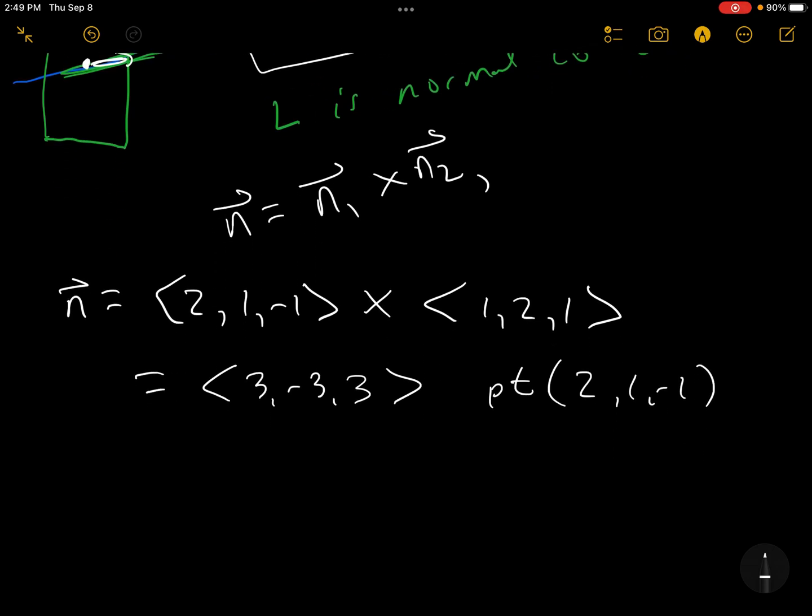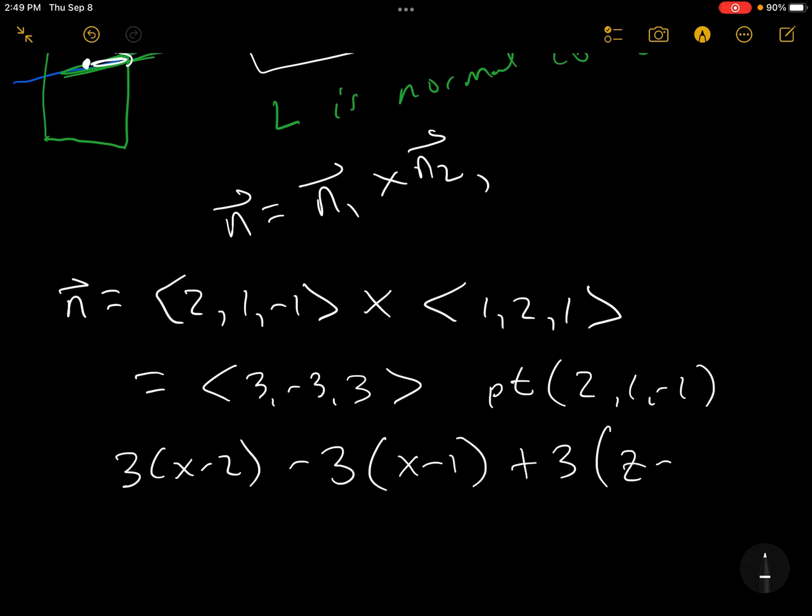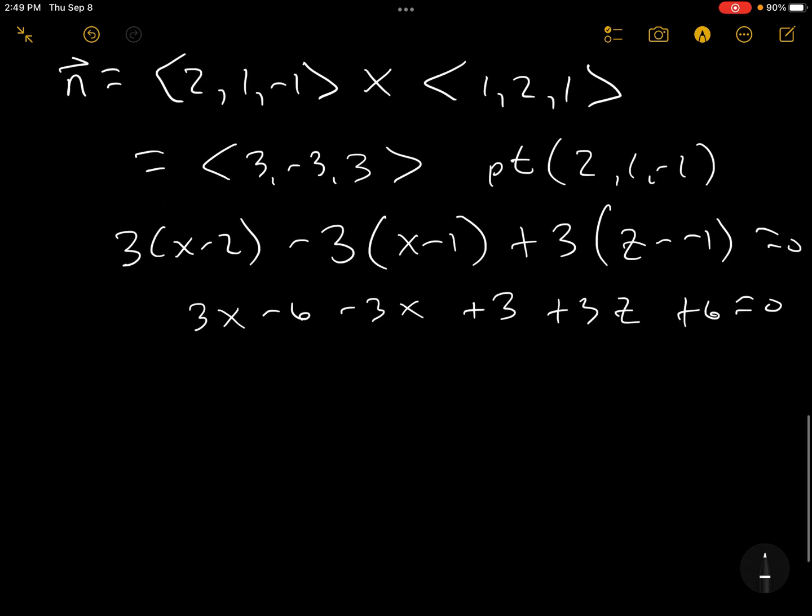Okay, so now we have the plane. So it's 3 times x minus 2, minus 3 times y minus 1, plus 3 times z minus negative 1, equals 0. 3x minus 6 minus 3y plus 3 plus 3z plus 6 equals 0.